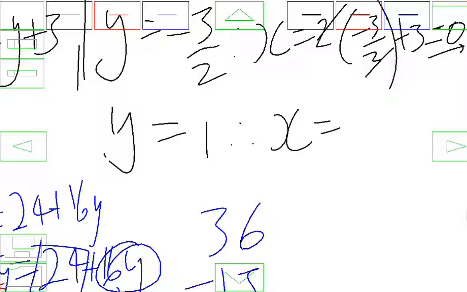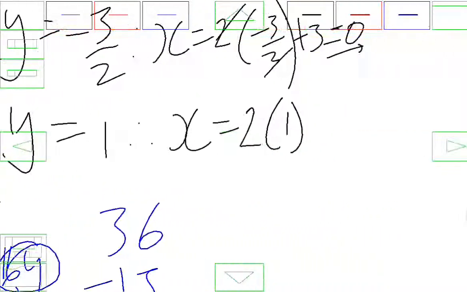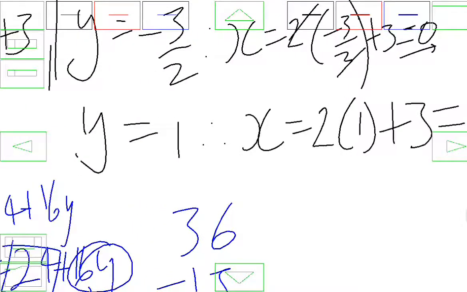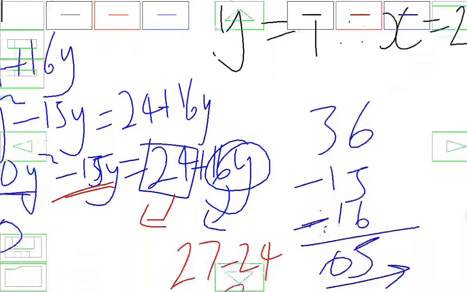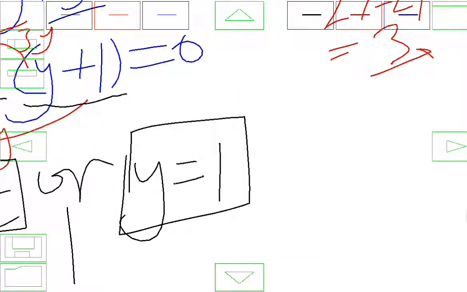And now for the next one, we had y is equal to 1, therefore x will equal 2 all into 1. Yes, that's correct. Plus 3, and then this term here will now be 2. That multiplied by that should be... no, wait, there's something wrong here. Let's go back and look at what this term is. Yeah, I made a mistake.